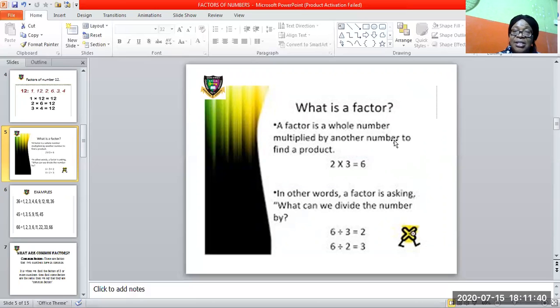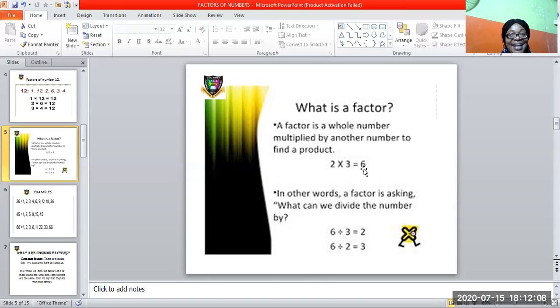For example, 2 times 3 equals 6. 2 is a whole number that is multiplied by another number, 3, which will give us a product. Number 6 is the product.